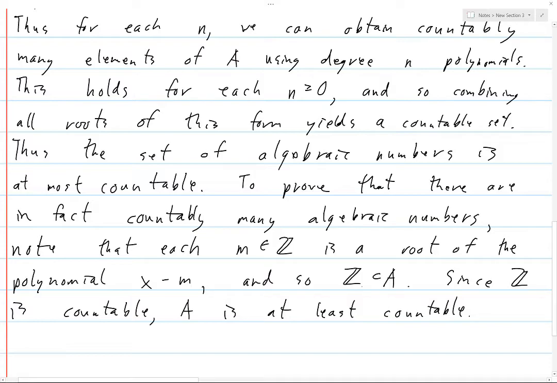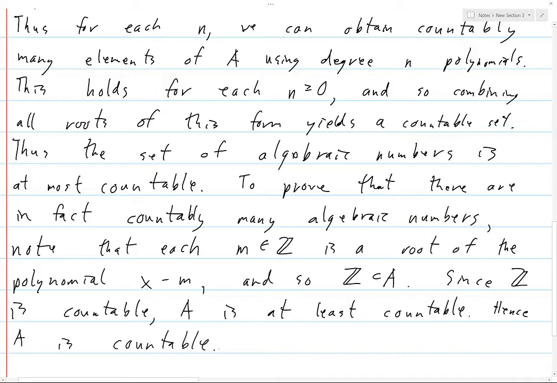So if the integers are countable, A is at least countable. It could be bigger. We don't know just from this alone. But we already know that A is at most countable. So it's at most countable and at least countable. Hence, A is countable.